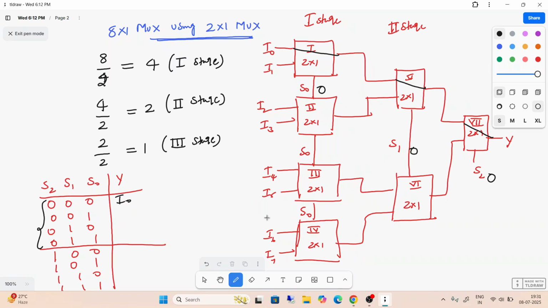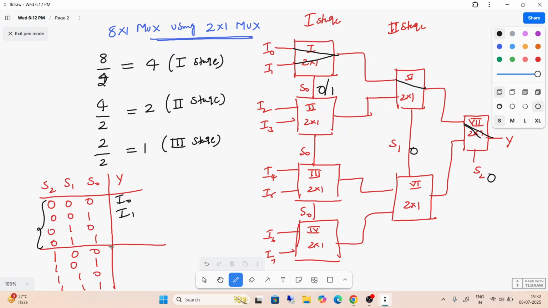I0. And when it is 001, S0 is 1, so this one is connected, and anyway this is 0, and this one is connected. That means I1 is connected. Now you got the concept of how it is connecting?